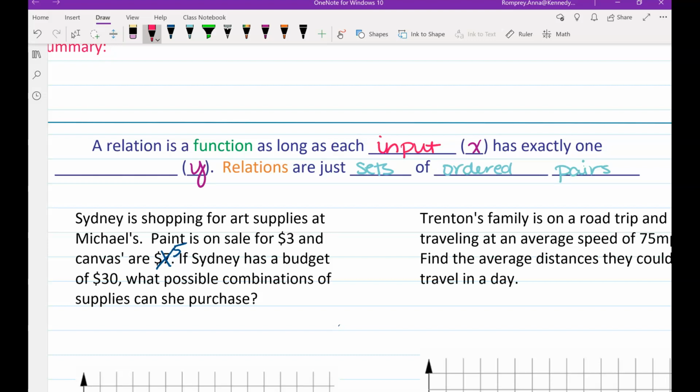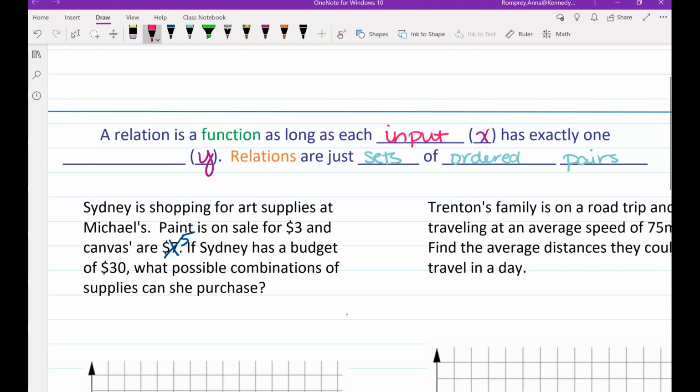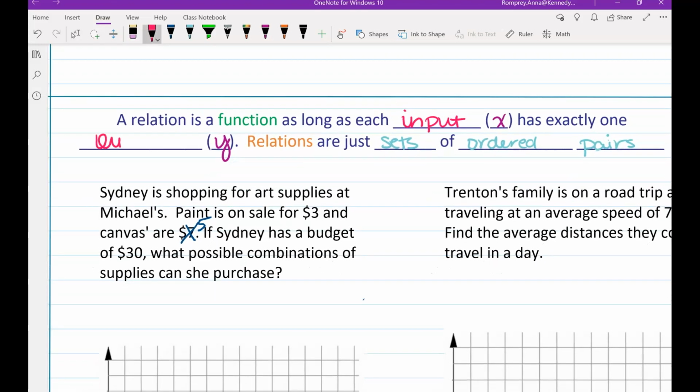So a relation is a function as long as each input has exactly one output. Okay? So relations, again, they're just sets of ordered pairs, but for a relation to be a function, each input has exactly one y. So x's are not allowed to repeat, okay? Because they've got to have the same y.